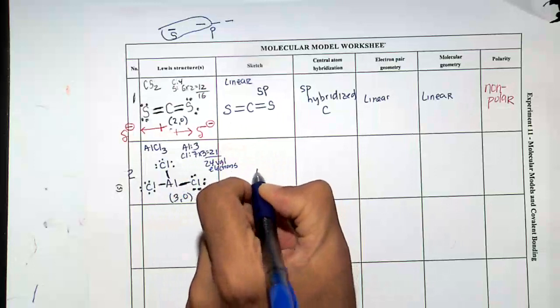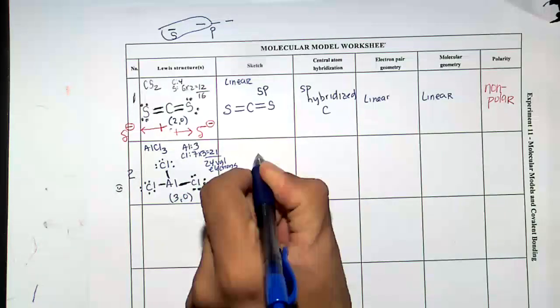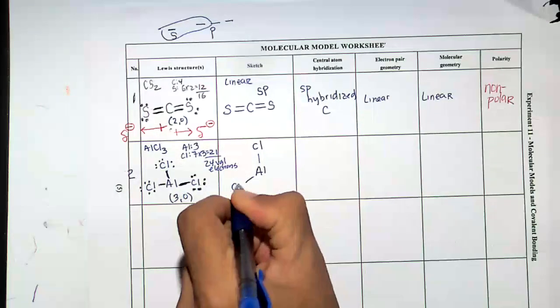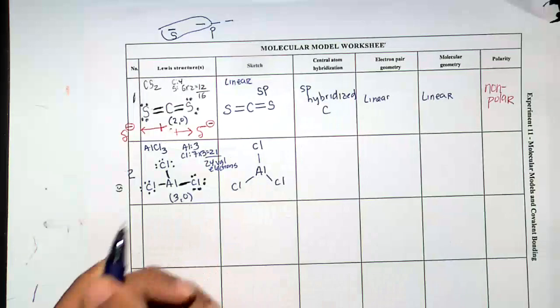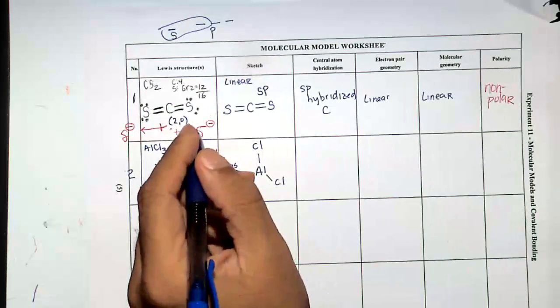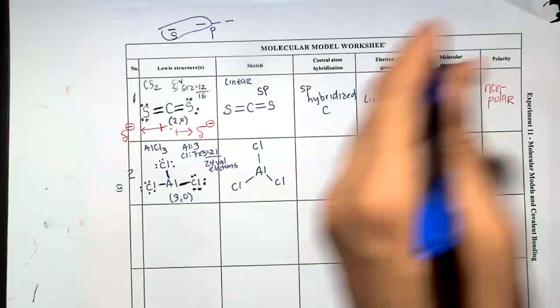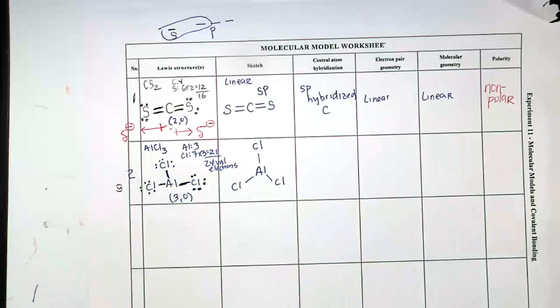Trigonal planar. So this is the one that we kind of went over in lecture. It has a perfect bond angle of 120 degrees. 3 bonds, 0 lone pairs.